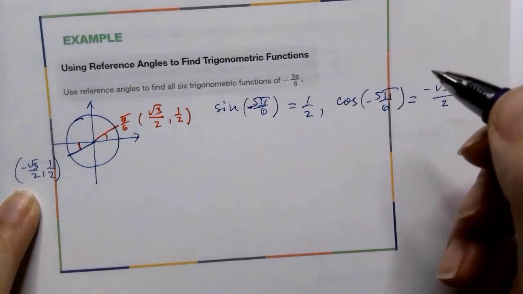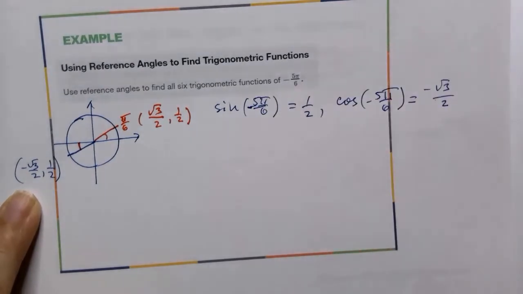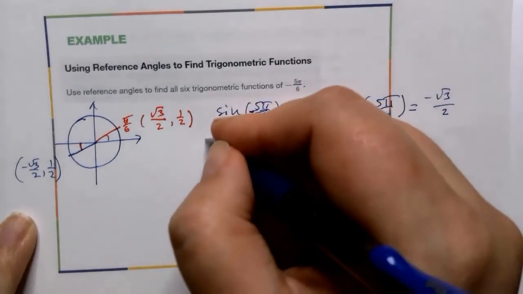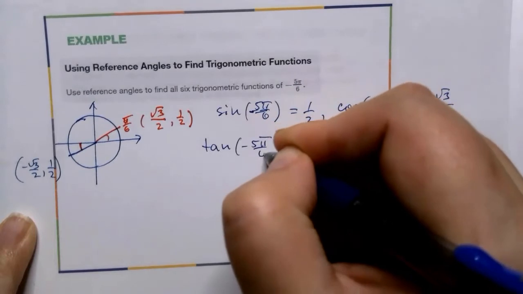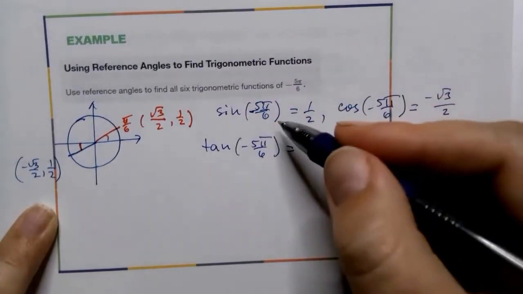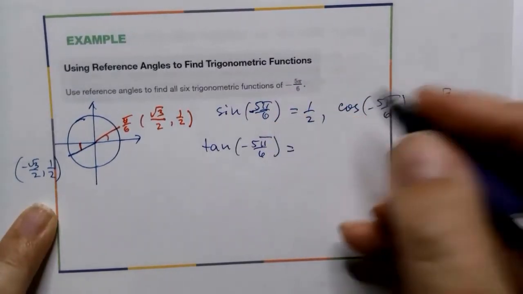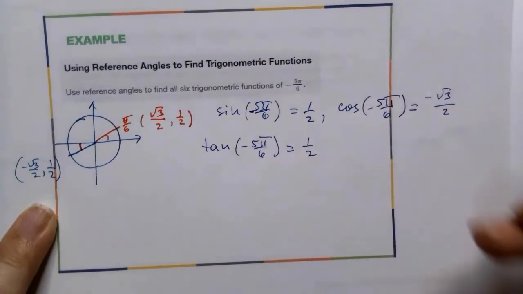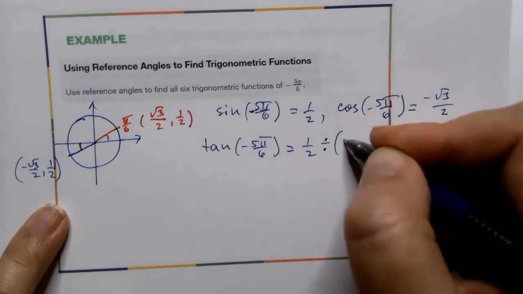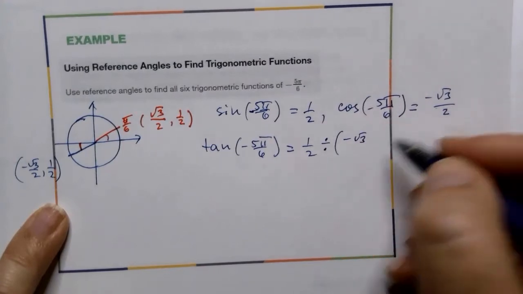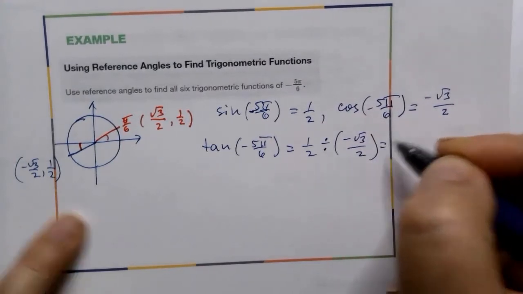Now, I need to find the rest. So tangent of negative 5 pi over 6 is basically sine divided by cosine. So 1/2 divided by negative square root of 3 over 2.